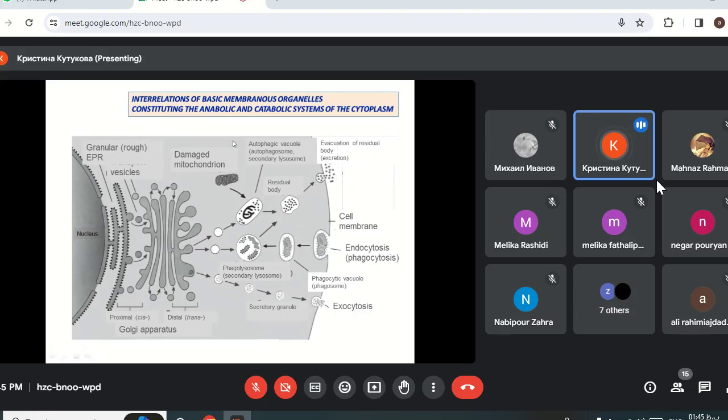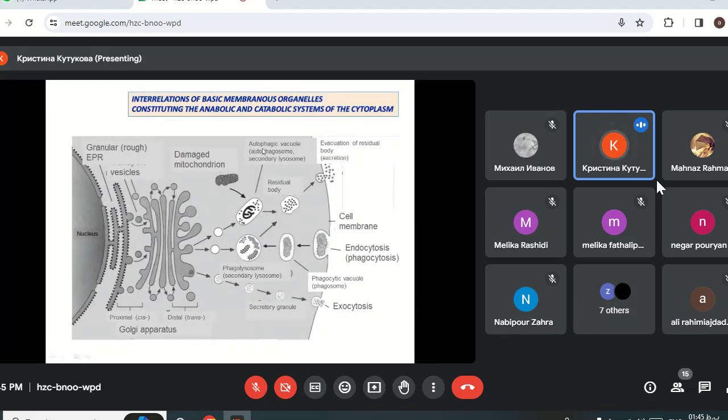In this case, some damaged self organelle, for example a damaged mitochondrion, which should be replaced with a new one, so the old one should be broken down. So this mitochondrion will be enclosed with a membranous vesicle, with which lysosome will fuse to make the autophagic vacuole.